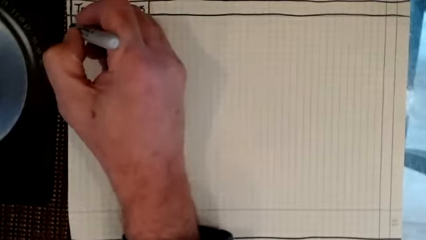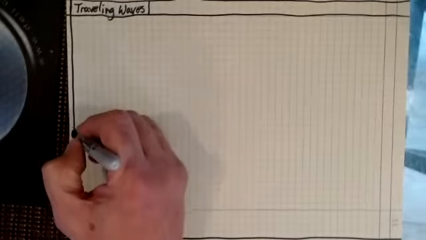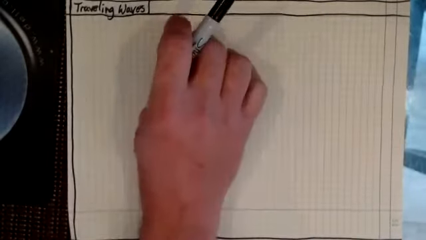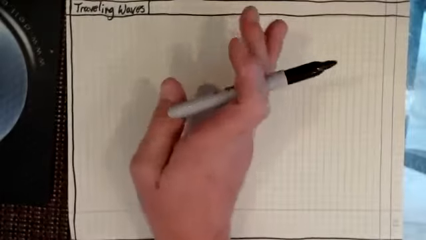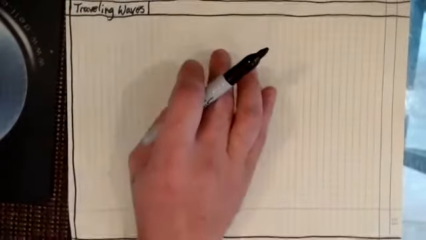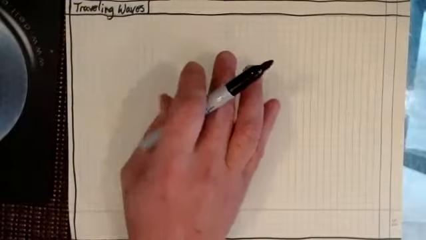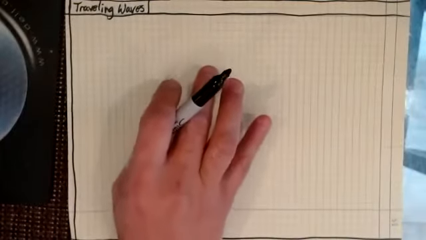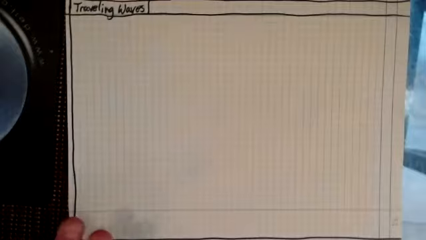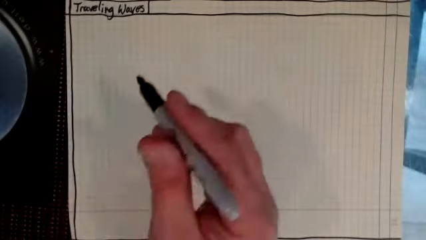So anyway, today what I wanted to do was talk about traveling waves and to point out that, of course, electromagnetic waves are traveling waves, or how would they get here from the sun? And I also want to look at a phenomenon. And really, if you think about it, it's common sense that it would work this way.